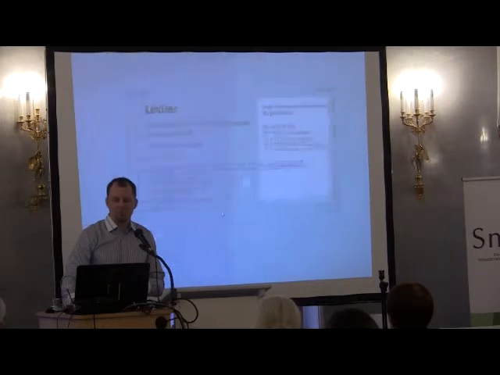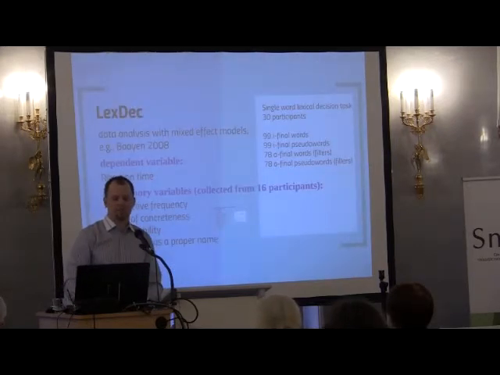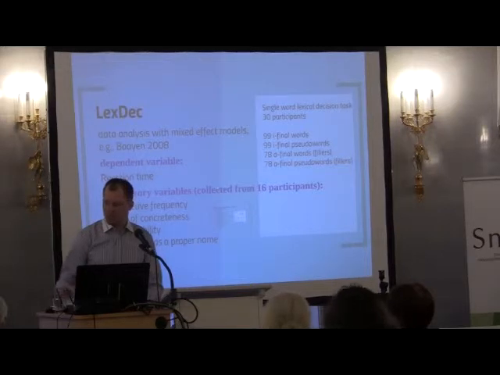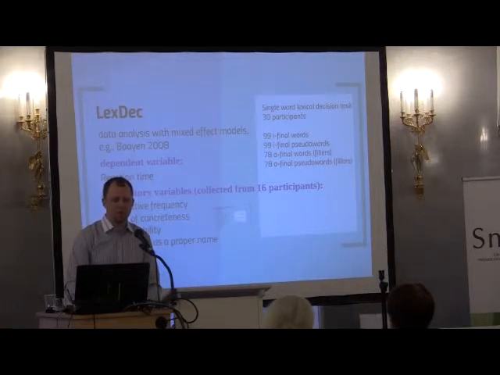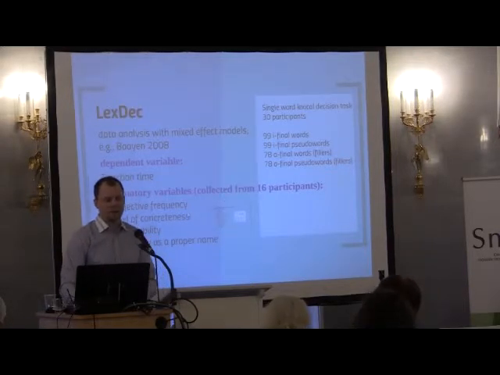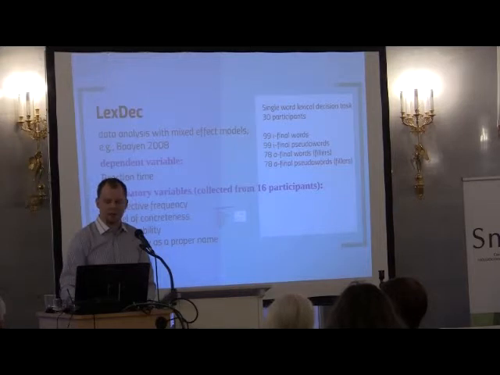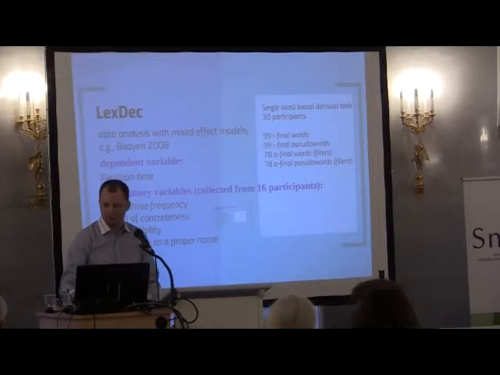So what happens now? In our second experiment, which was not a factorial design this time, data analysis was made with a kind of regression model, and we have reaction time as the dependent variable, and as explanatory variables we use different variables collected from 16 participants that didn't take part in the experiment, like subjective frequency, level of concreteness, picturability, familiarity as a proper name, because some nouns in the Finnish language tend to be a proper name as well as a regular noun.